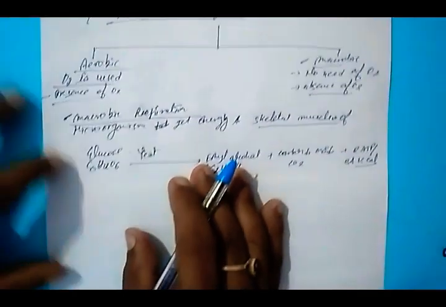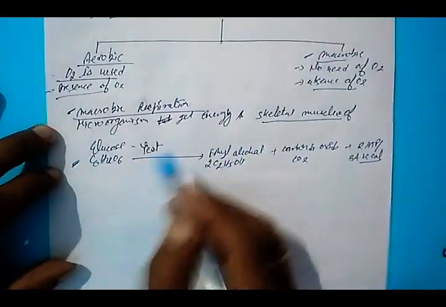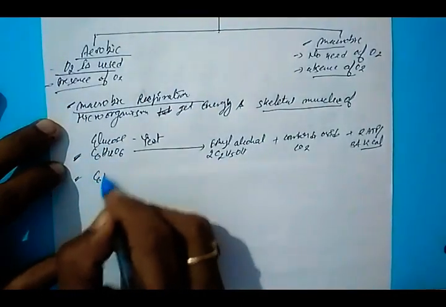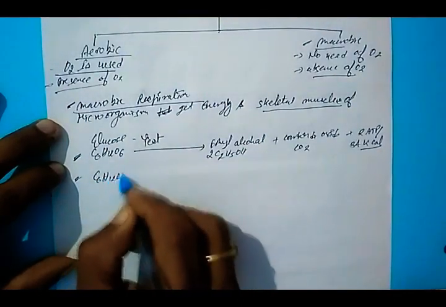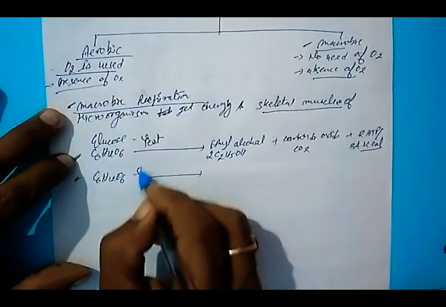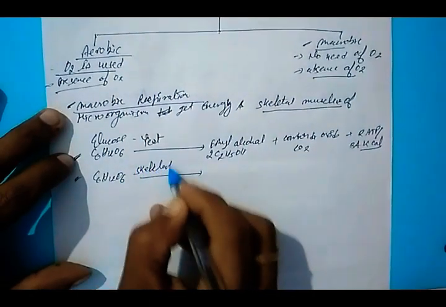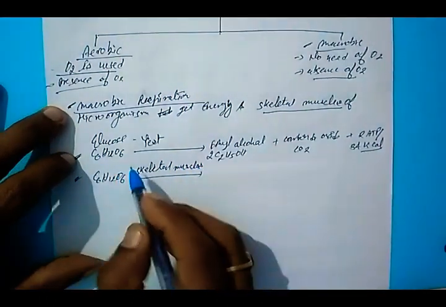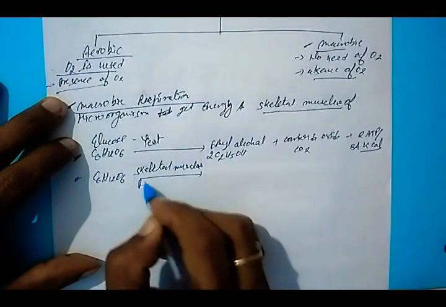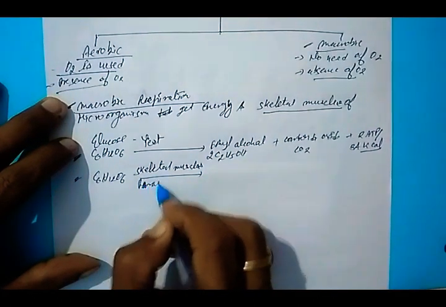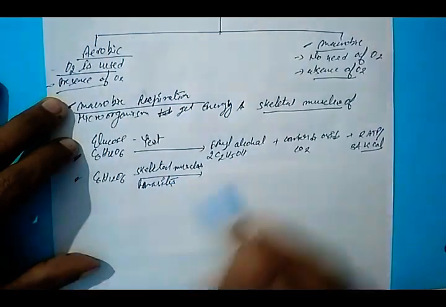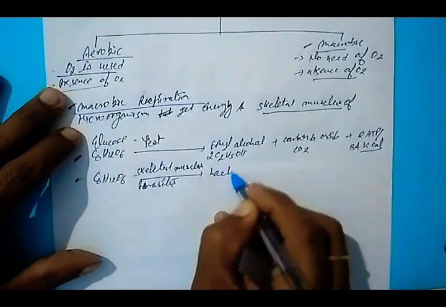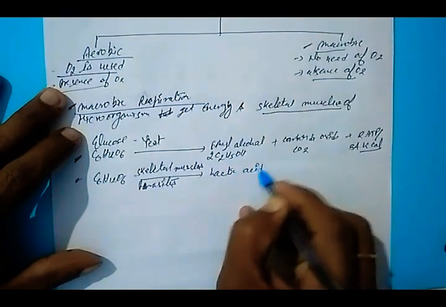Now, sometimes in skeletal muscles, or also in some parasites, C6H12O6 is converted into lactic acid.